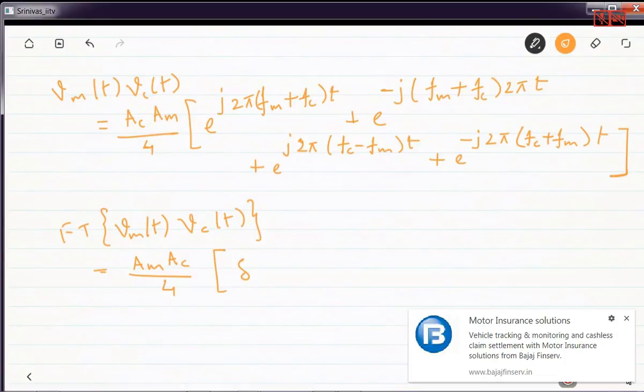You can see that there is an impulse at plus or minus fm, there is an impulse at minus Fc plus Fm, there is an impulse at Fc minus Fm, and there is an impulse at minus of Fc plus Fm. As homework, you can complete this out. Find the Fourier transform of each of these terms. We already know that the Fourier transform of e power j 2 pi fm t is a delta function at fm.